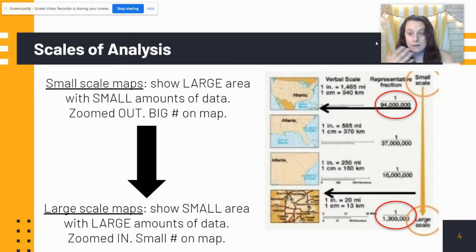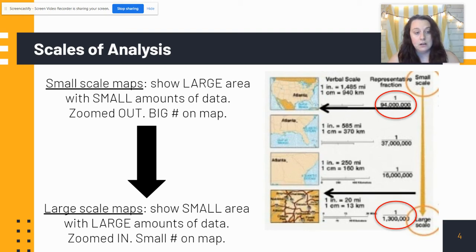So this is one of the most easily confused things in human geo because there are also two types of scales in maps. There are small scale maps and large scale maps. And what you need to do to remember is tell yourself opposites.